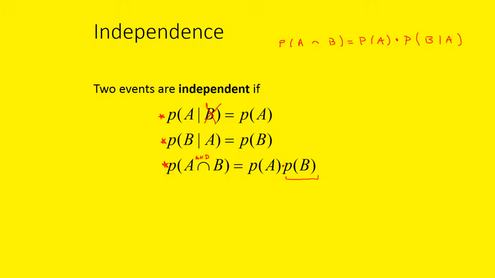You can just multiply the simple probabilities if the events are independent, if knowing whether one of them happened doesn't have any effect on the probability of the other happening.